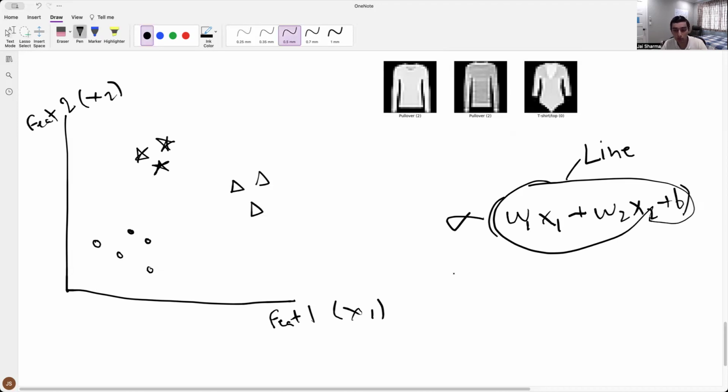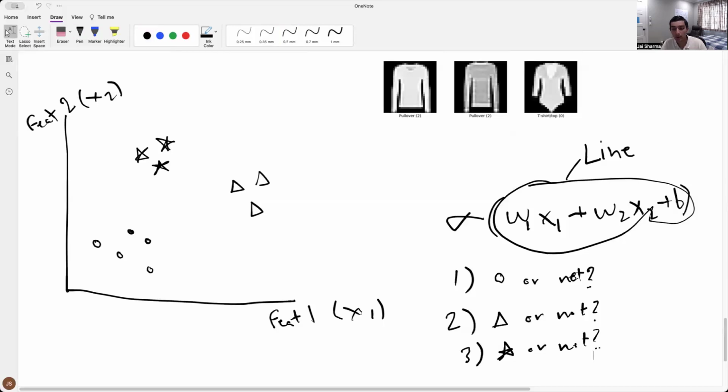That would be a value of one for each circle, and all of the others would have a value of zero in that situation. The second logistic regression model is similarly: is it a triangle or not? The third one would be: is it a star or not?